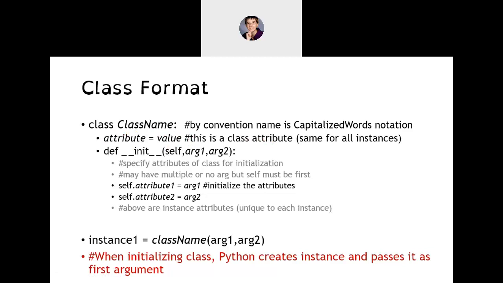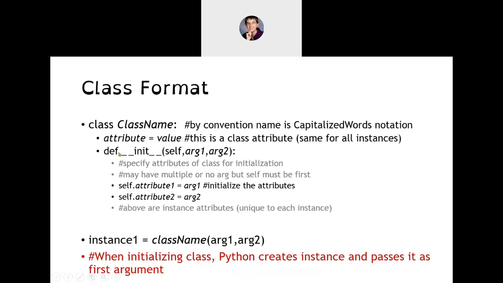So if I had, say, a class which is cat, I could have the attribute be maybe the scientific name of the cat, because no matter which cat it is, it should have the same scientific name. So that's where we would use something like a class attribute.